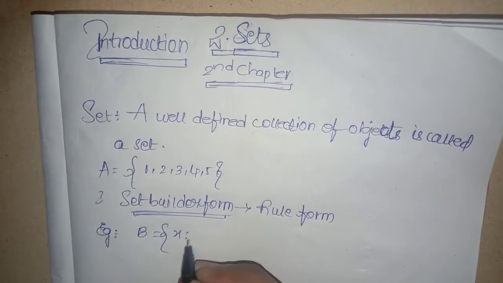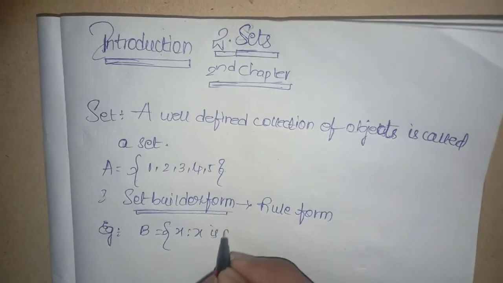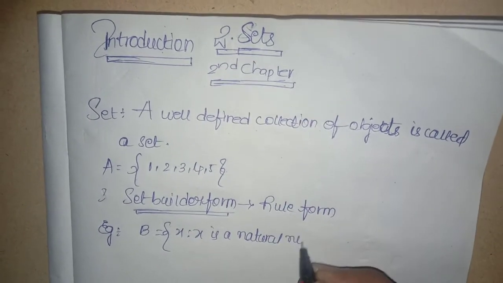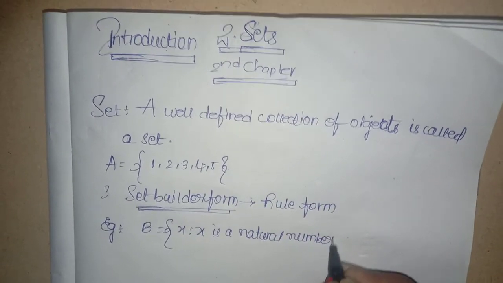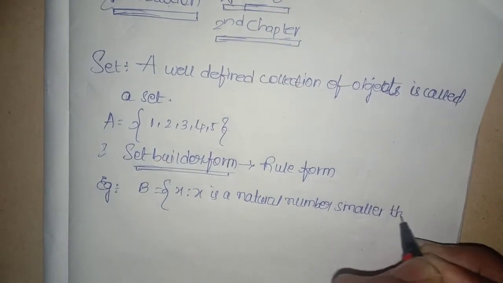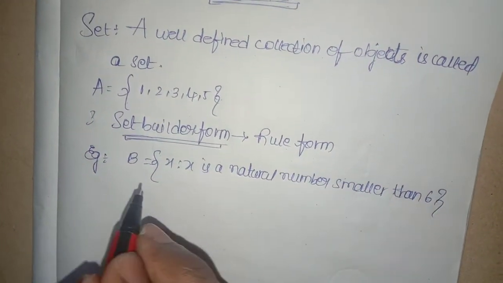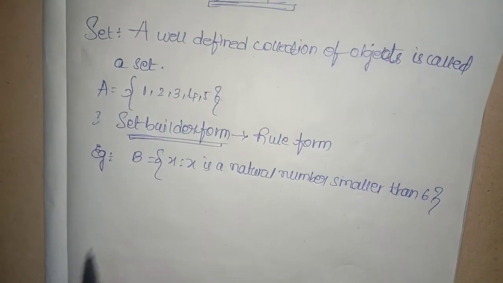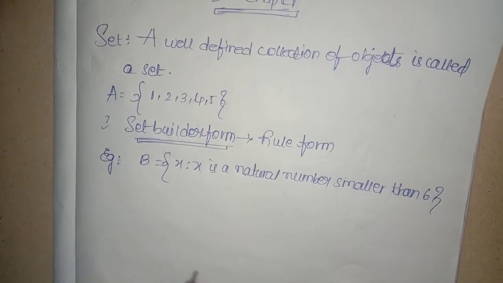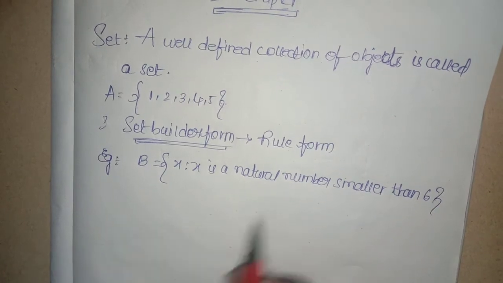X colon, X is a natural number smaller than 6. So it is a set in the form of set builder form. It does not directly tell what the elements are. It tells roughly about the elements in the set. So it is set builder form.